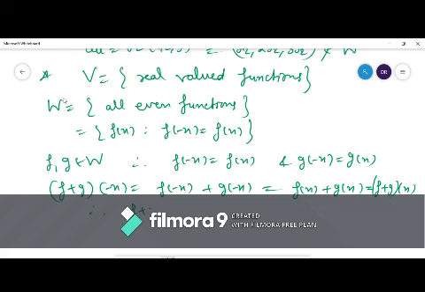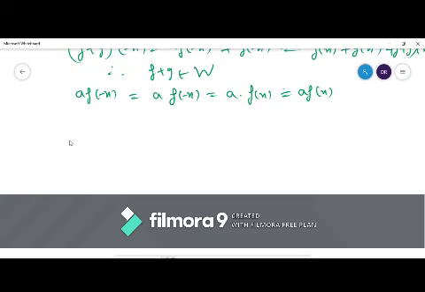Therefore f plus g belongs to W. Second, af of minus x is equal to a into f of minus x, which is a into f of x, which can be written as af of x. Hence af belongs to W, therefore W is a subspace.